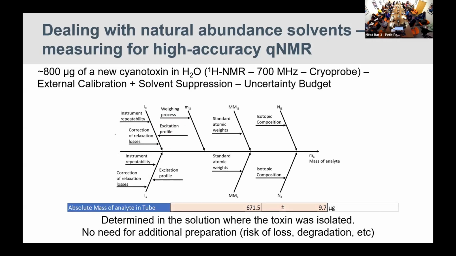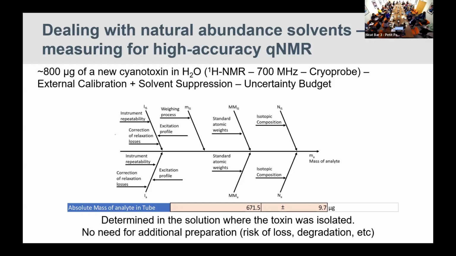And at the end, we can actually measure those 800 micrograms of toxin using, again, external calibration and these suppression sequences. Those are actually 671 micrograms of toxin with an uncertainty of about 1.5%, which is pretty good, and it's perfectly fit for purpose for what we are doing.